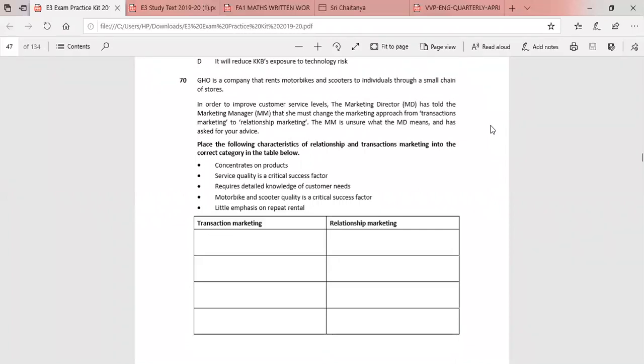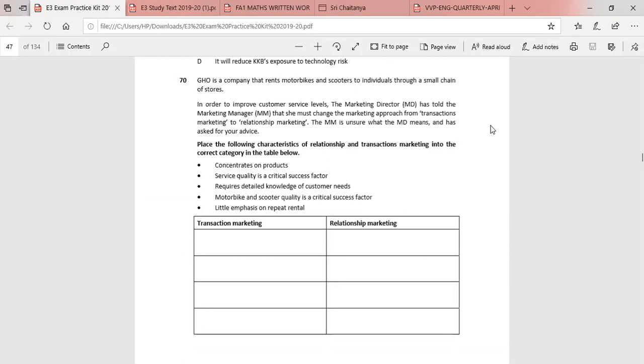First one, concentrates on products. Which one concentrates on products? Transaction marketing concentrates on product, the quality of product, the features added to the product.